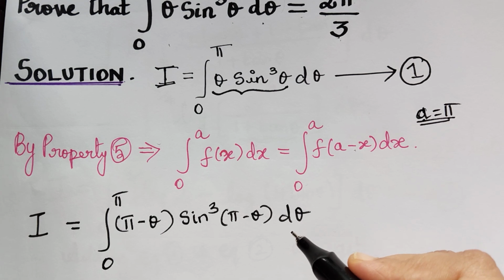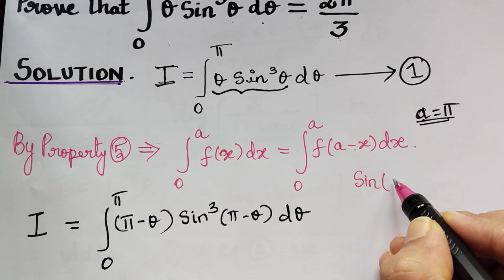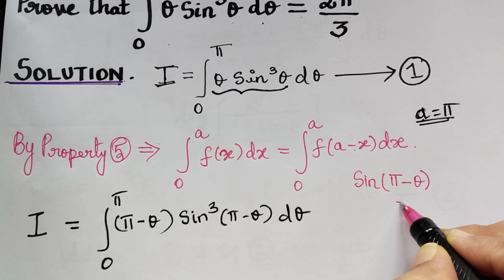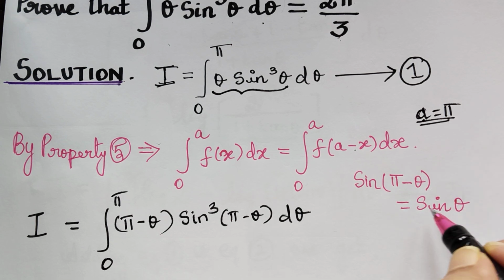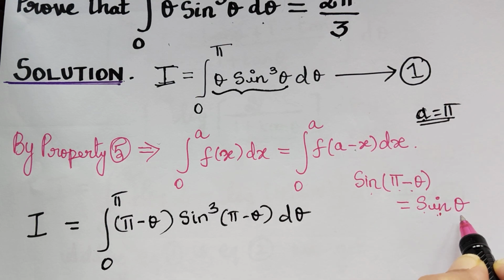Now further we know that sine 180 minus theta, 180 is represented as pi, so sine pi minus theta is equal to what? Sine theta, because it lies in the second quadrant and sine is positive in the second quadrant, and so we get sine pi minus theta equal to sine theta.